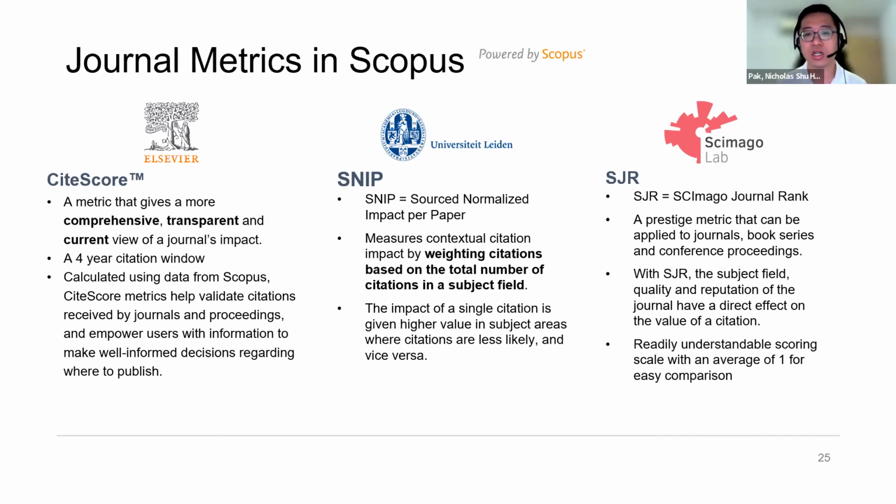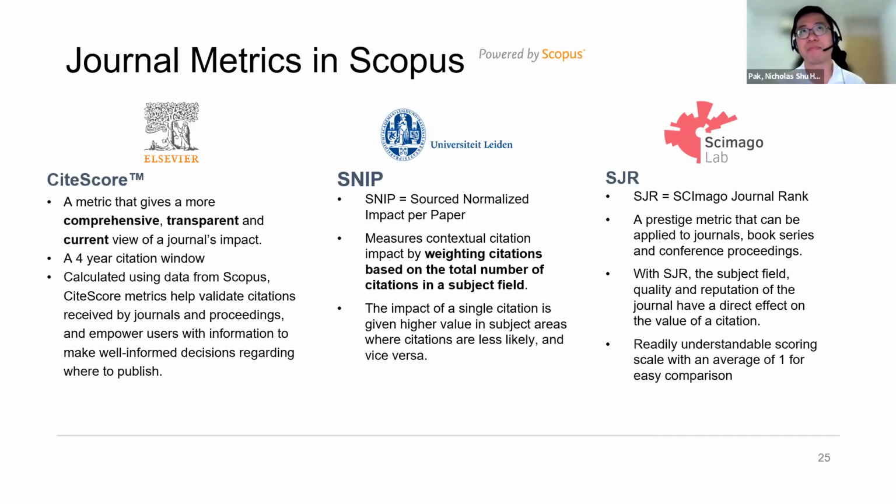SNIP is what we call Source Normalized Impact per Paper, and this was developed by the University of Leiden. It measures contextual citation impact by weighting citations based on the total number of citations within a subject field. So this is what we call a normalization effect. We're comparing apples to apples and oranges to oranges, right?